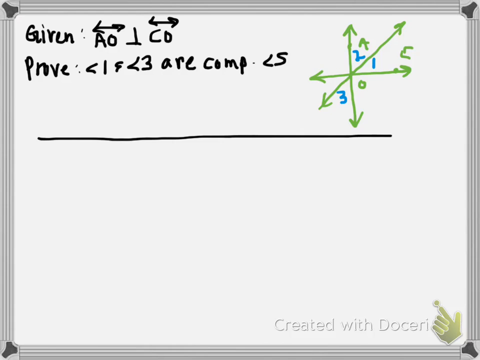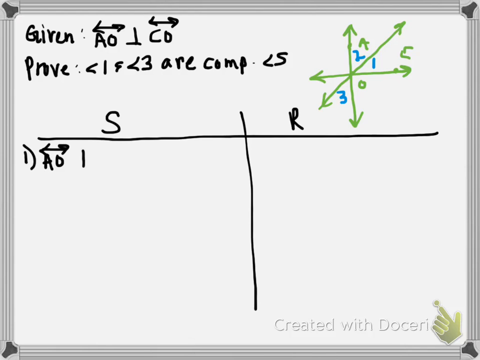Because it gets very confusing with letters, the numbers are much easier to track. So let's start with our given. Line AO, excuse me, is perpendicular to line CO. Then you have to ask yourself, what's the key idea in the given? The key idea is that we have perpendicular lines.